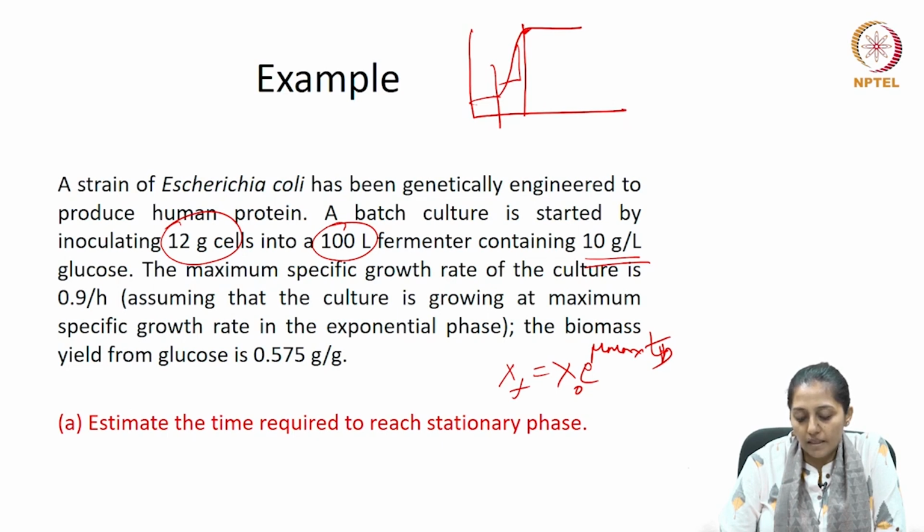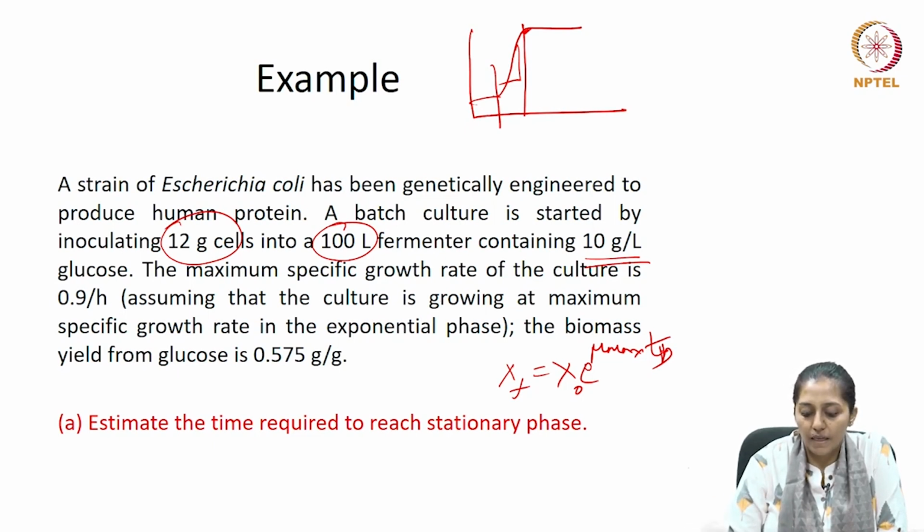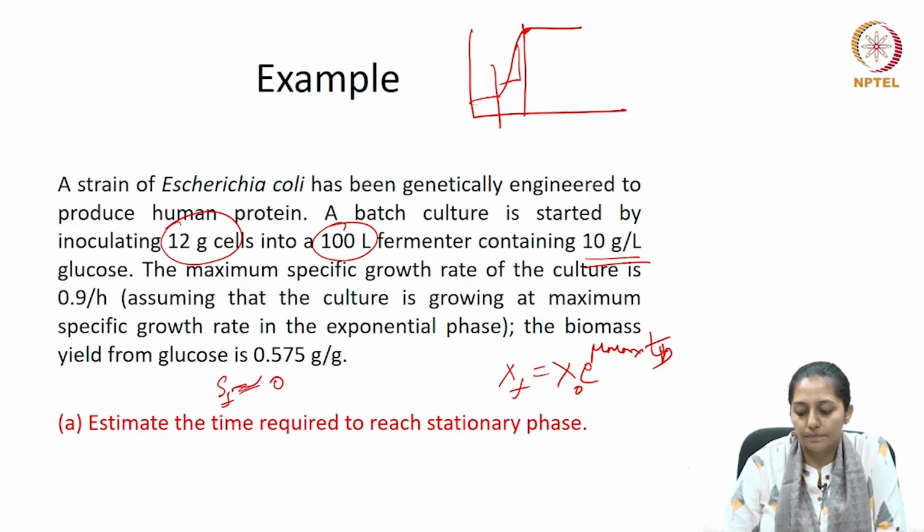So, now how do we calculate the time? Any guess? Right. If you remember, it will reach the stationary phase when the substrate is consumed completely. So, there is substrate depletion, then only it will reach the stationary phase. So, you can assume that the final substrate concentration is nearly 0.